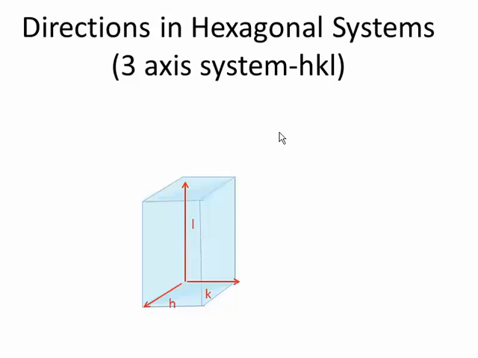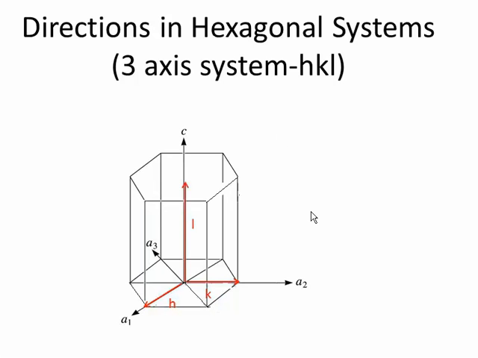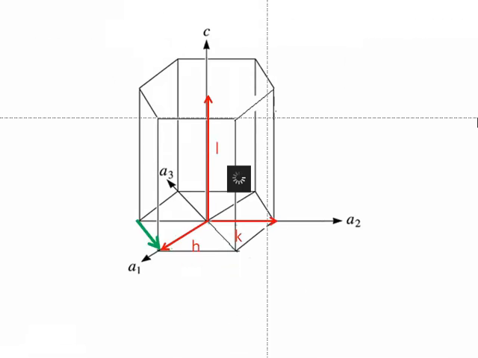Let's put this in the context of the hexagonal arrangement by adding additional lattice points. Let's see how we can use these three unit vectors to express any direction drawn within the hexagonal system.